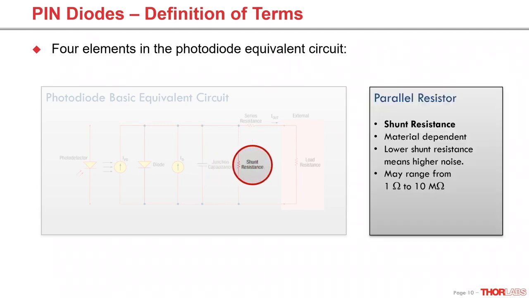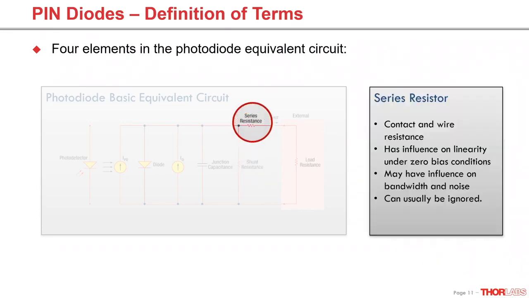Next, there is a parallel resistor called shunt resistance. This resistance is infinite for an ideal photodiode, but it depends on the material in real life. It may range from ohms to megaohms. The lower this shunt resistance is, the higher the noise and dark current of the photodiode.